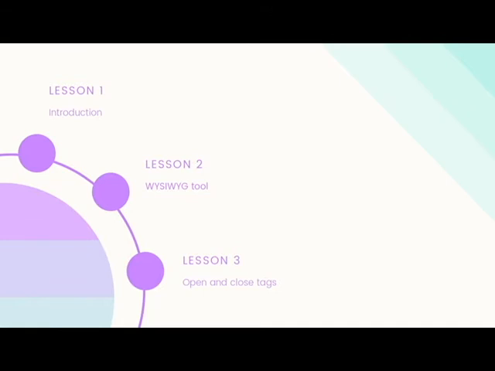Lesson number 2 is going to be about hacking without knowing code. I want to start out with utilizing an HTML editing tool called a WYSIWYG tool. More on that in just a minute. By utilizing that tool, it'll get your feet wet so that you can feel a little bit more confident when it comes to HTML code.